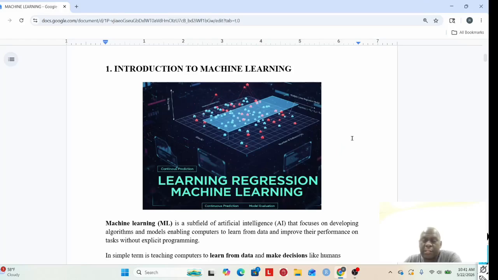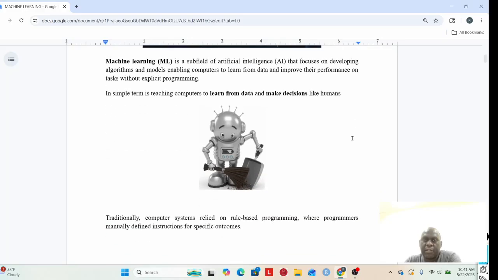Machine learning is a subfield of artificial intelligence that focuses on developing algorithms and models enabling computers to learn from data and improve their performance on tasks without explicit programming. Historically, people used to write code and put rules in the code in order to complete a given task.